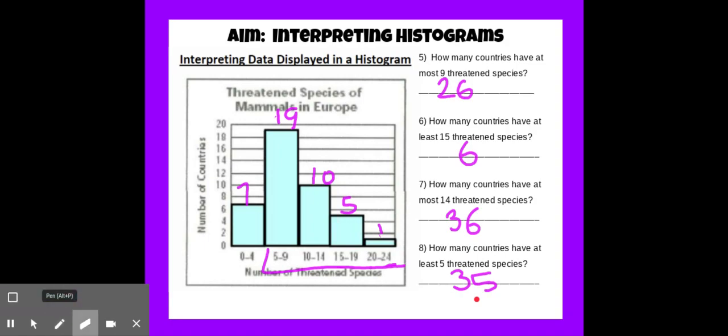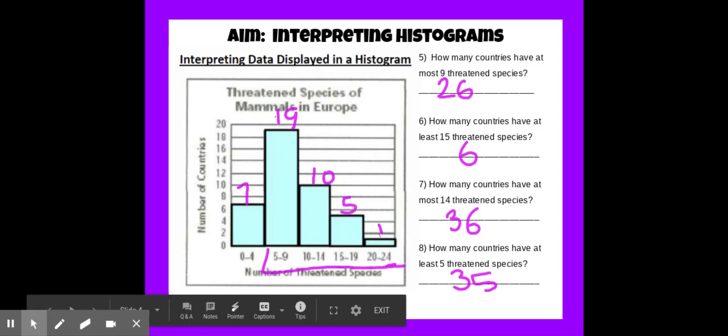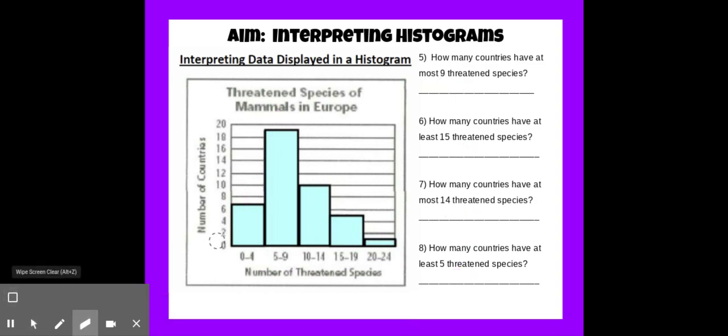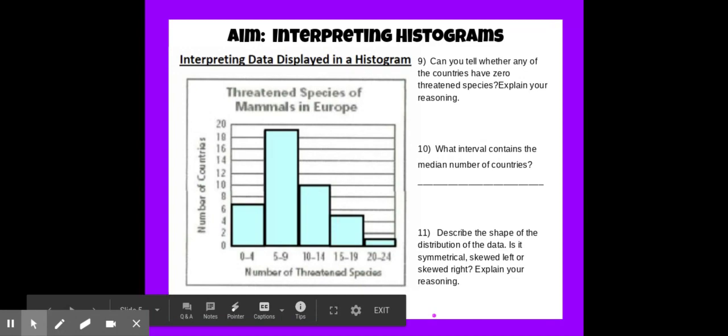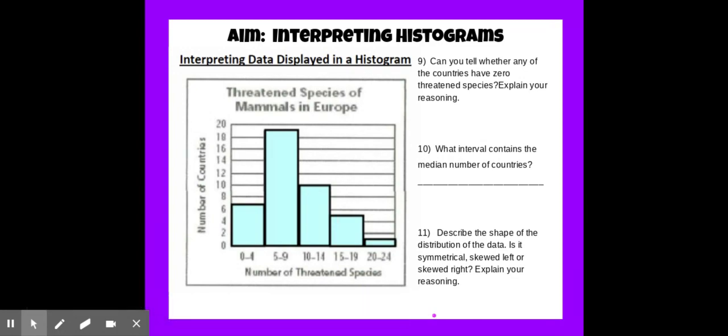All right, so on to the next page. So here on this next page, it says, can you tell whether any of the countries have 0 threatened species? Explain your reasoning.